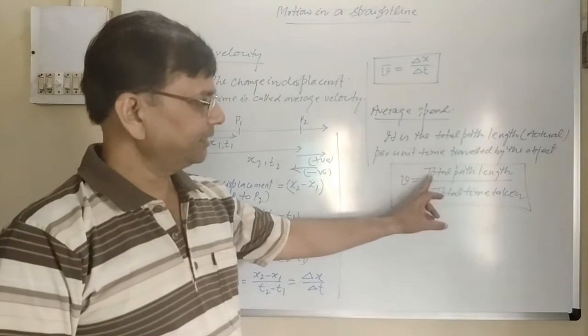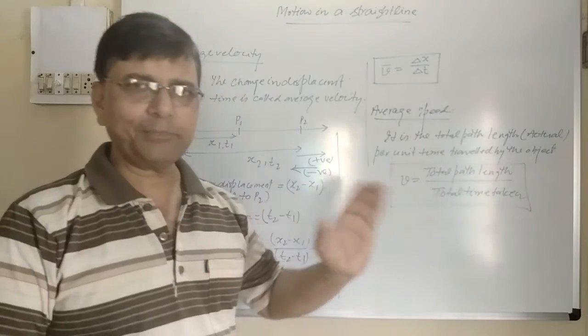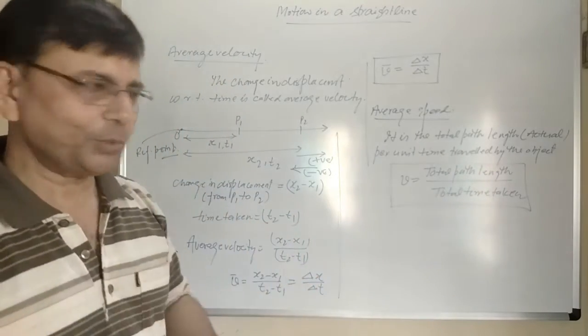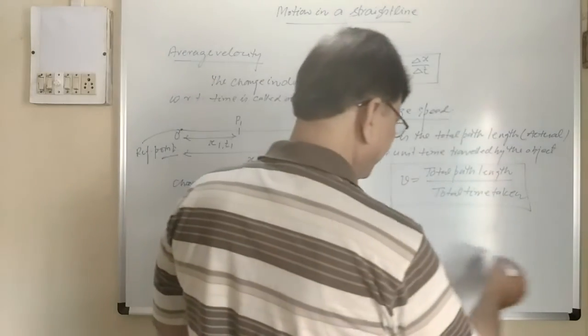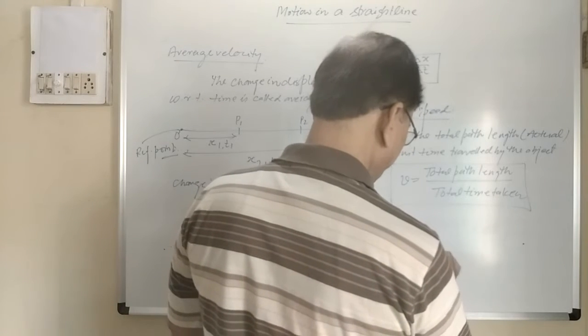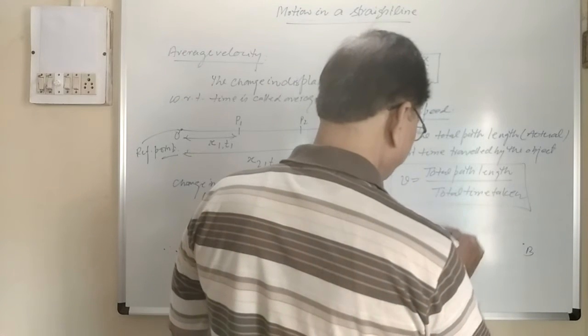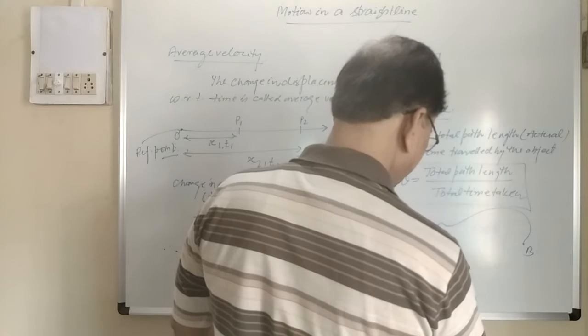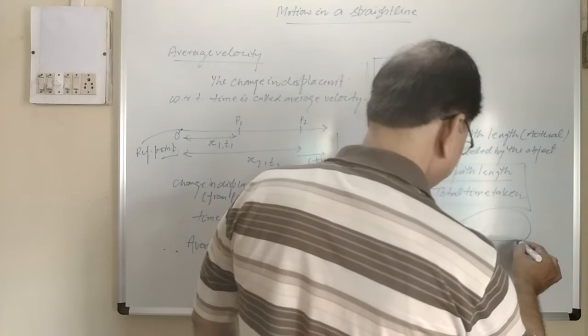Average speed is the total path for the same duration. Suppose from A to B the object is moving along this path, and this is the displacement.